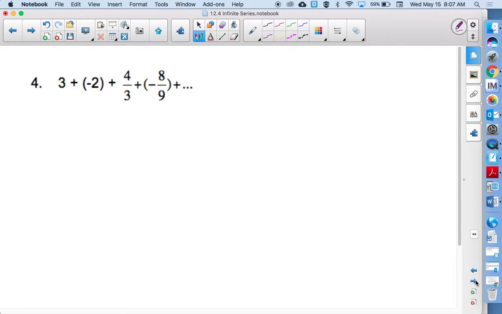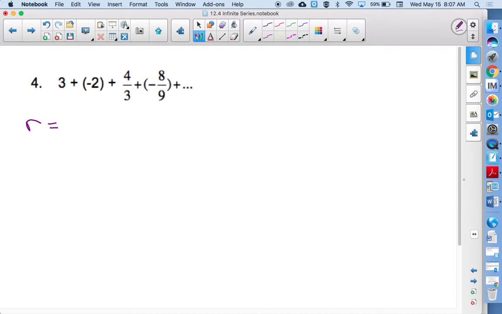So looking at number 2, we have 3, -2, 4/3, -8/3. And again, we need to figure out what the r value is. What are you doing to get from 3 to -2? From -2 to 4/3.